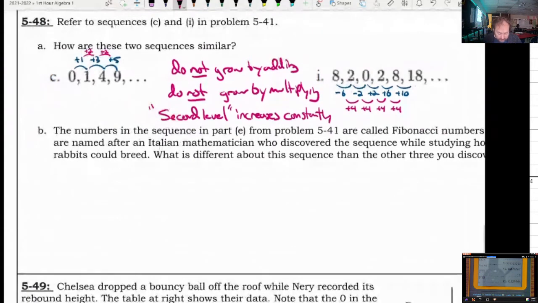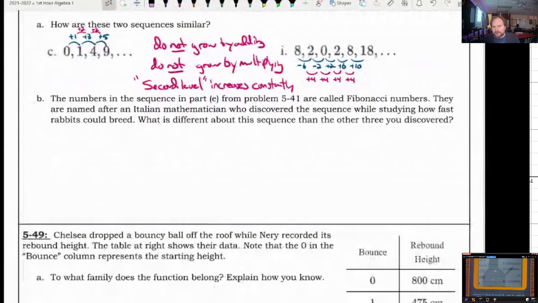The numbers from sequence E, which I did not copy down here, are called Fibonacci numbers. They are named after the Italian mathematician who discovered the sequence while studying this. This one is different. This sequence goes 1, 1, 2, 3, 5, 8, 13, 21, 34.